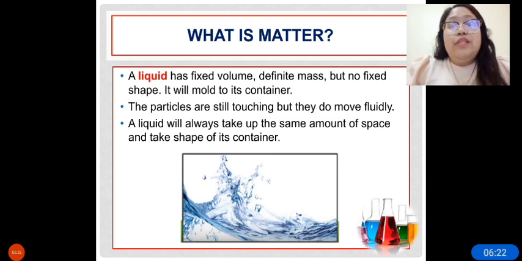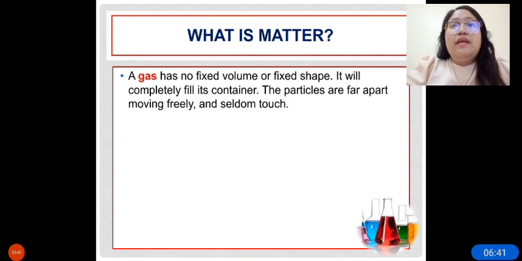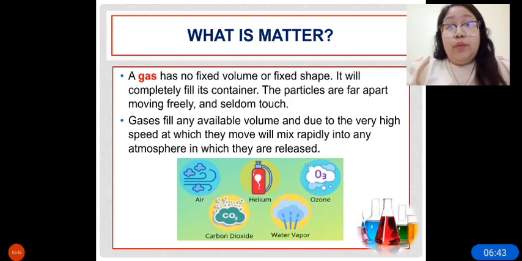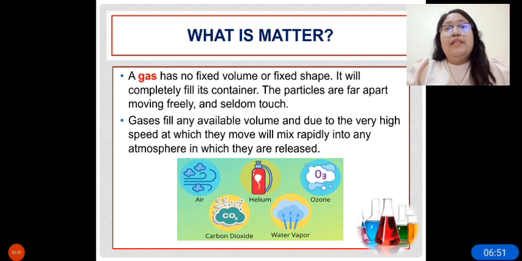This is why liquids can flow and take the shape of their container. And just like solids, liquids also have a definite mass. So if you were to weigh the glass of water, it would always weigh the same. Okay? So that's the lowdown on liquids. They're free flowing, they take the shape of their container, but they always take the same amount of space.